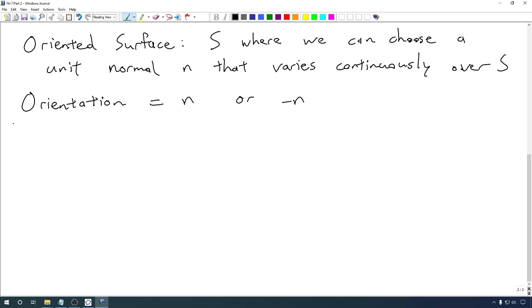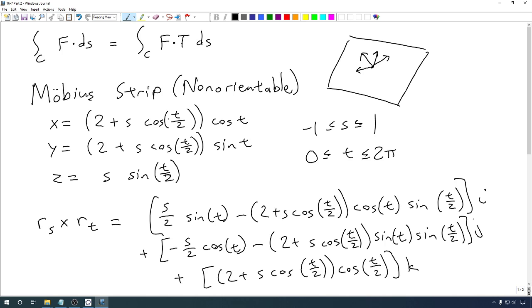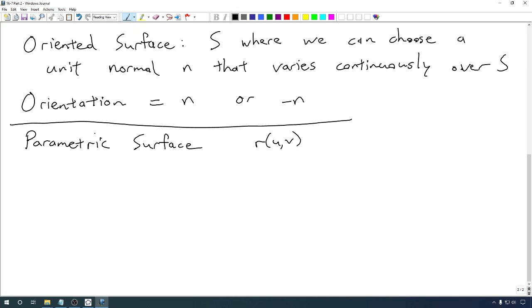Now, if an oriented surface is given by a parameterization, a parametric surface, given by r of u, v, as long as we have an actual orientation on there, so something that's not like the Mobius strip, where it doesn't break that idea, the parametric surface will have a unit normal of n equals r sub u cross r sub v, and since we have to normalize it, we divide by its magnitude.